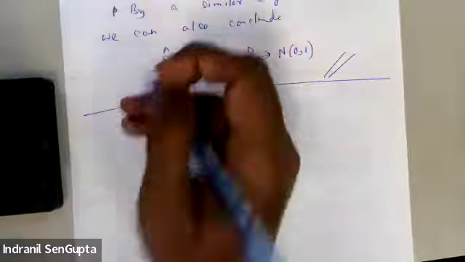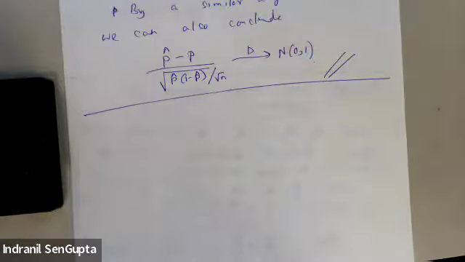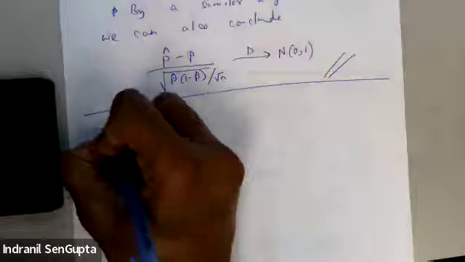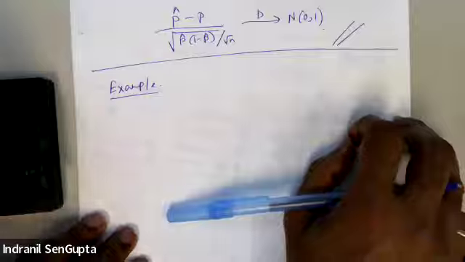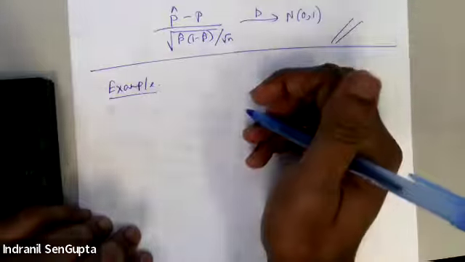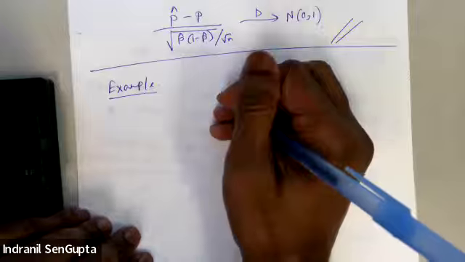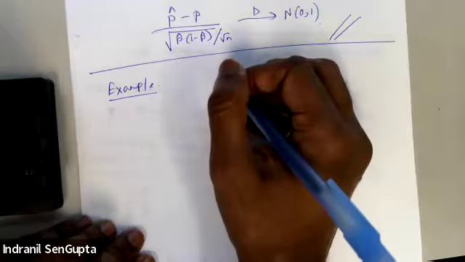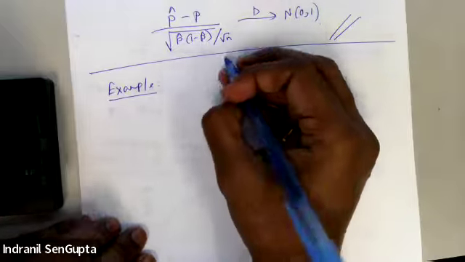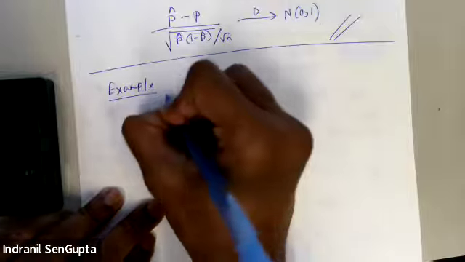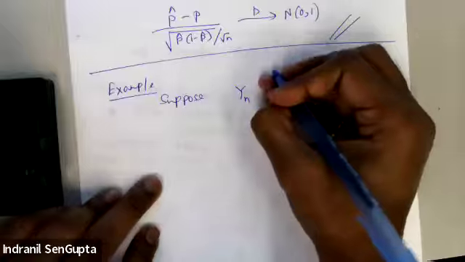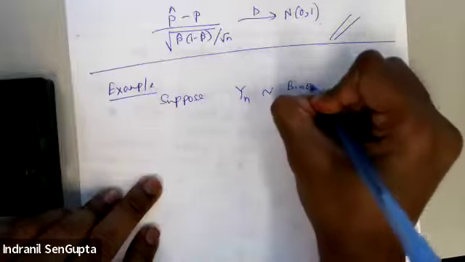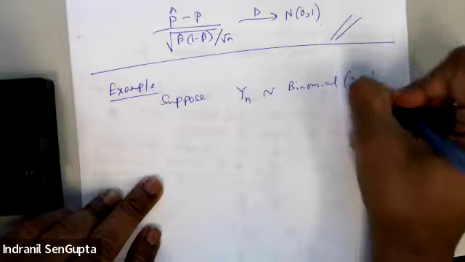Okay. Another example, with chi-squared. This is something we have done before. Suppose we have Y_n that is a binomial distribution with parameters n and p.